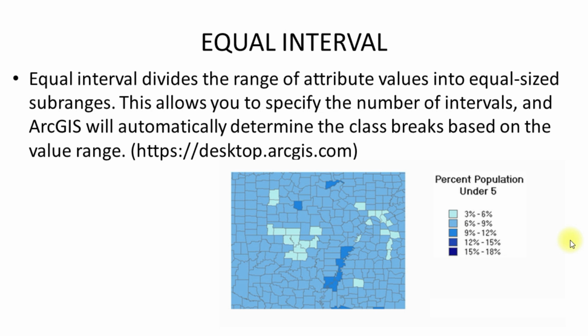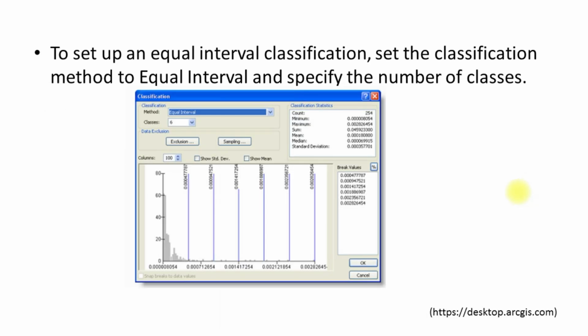One of the disadvantages of the equal interval, you can find it here on the histogram, right? For instance, you set the equal interval as the classification method and set the number of classes to 6, but you can see here on the histogram that your data is not equally distributed. So most of the data is within the first class here, right?